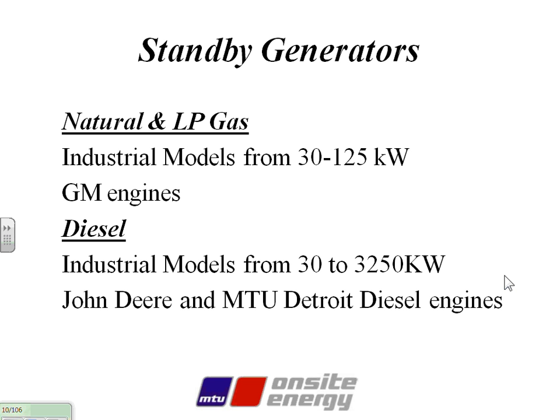Again, the diesels are from 30 to 3250, primarily Detroit, or MTU, which is the new name of Detroit Diesel, starting at about 200 kilowatts now, moving up through 3250. Below that, we use the John Deere product.